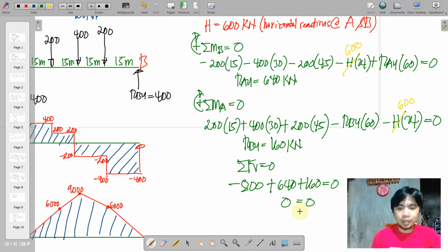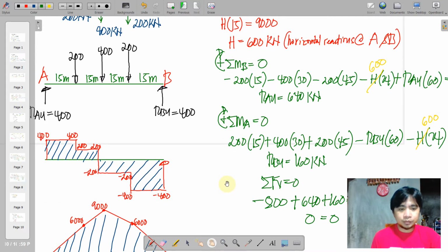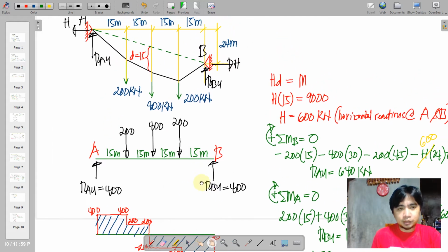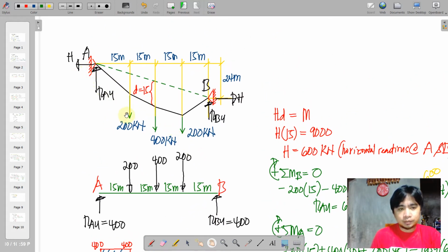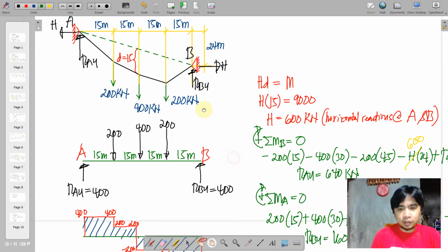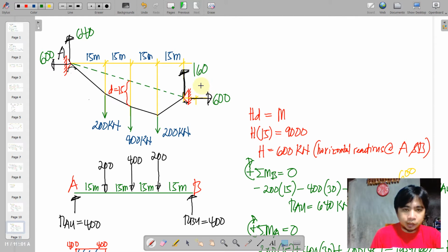So we are now assured with our reactions. Okay, so we'll place our computed reactions on this. H actually is equal to 600, so we will place it here: 600, 640, 160, and 600.